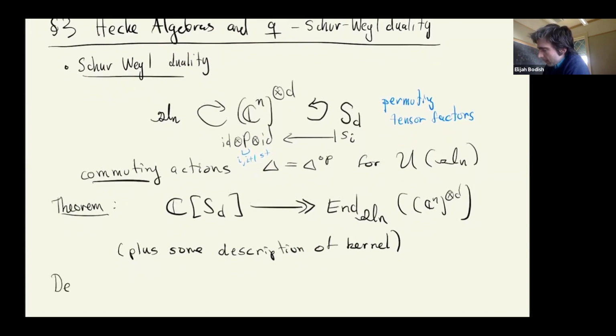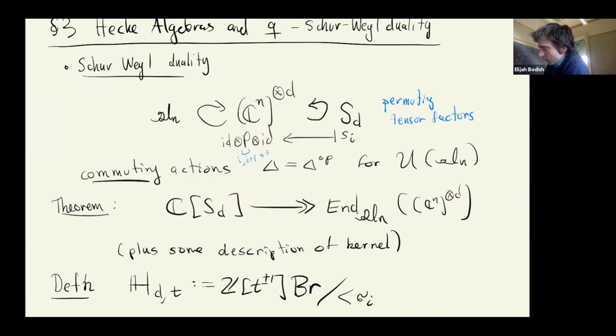So I need to make a definition. I'm going to write H sub D, and for now, I'm going to write it this way, H sub D,t. So there's a parameter t. I take Z adjoin t plus or minus 1, I take the group algebra of the braid group over this ring, and I quotient by the ideal generated by this quadratic relation.